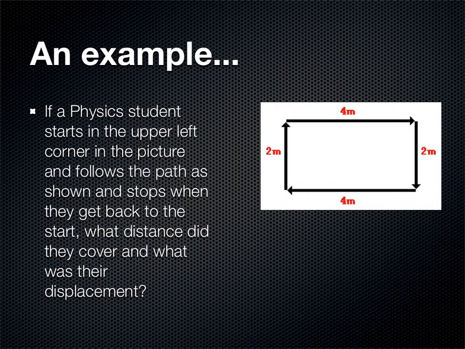Now to decide what their displacement was, I simply compare two points, their starting point and their ending point. In this case the starting point and the ending point are the same point, there's no distance between my starting point and my ending point, so I would say that my displacement is 0, even though my distance was 12 meters.